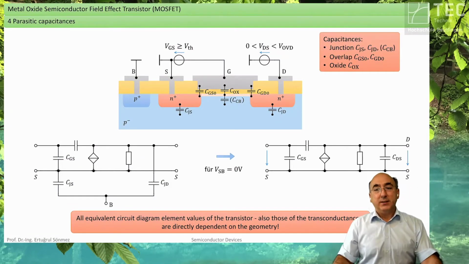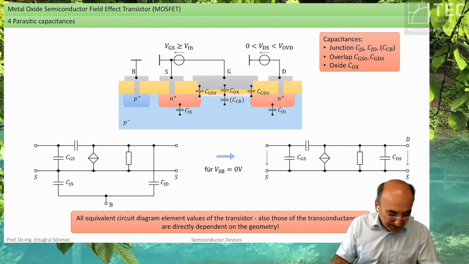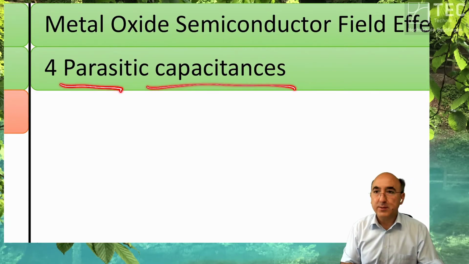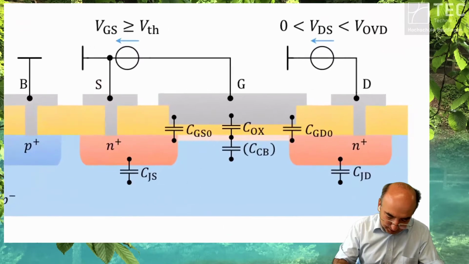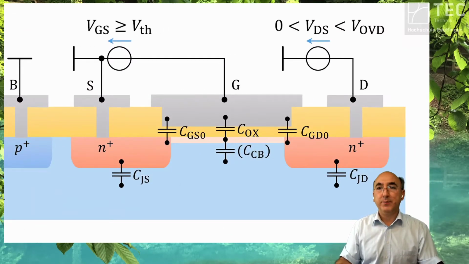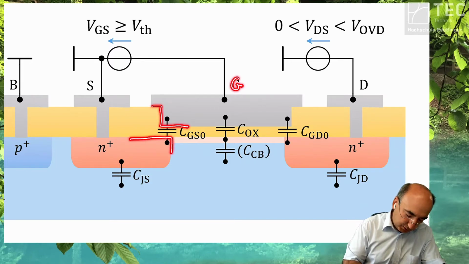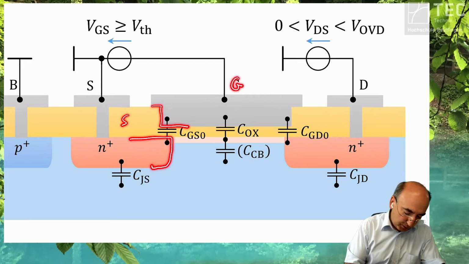But the MOSFET has additional properties. These are the so-called parasitic capacitances. And these parasitic capacitances occur physically. They occur as an overlap of the metal gate to the highly doped ohmic contact area, and in between you have silicon oxide.